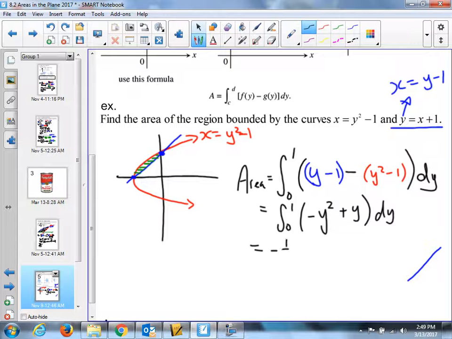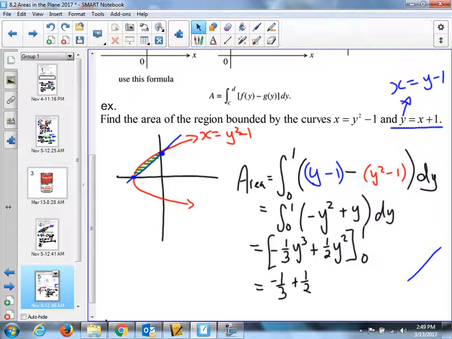Negative 1/3 y cubed plus half y squared, from 0 to 1. This makes it a cinch because the zeros are zeros and ones aren't bad either. So negative 1/3 plus 1/2 minus 0 popped in there, so nothing.